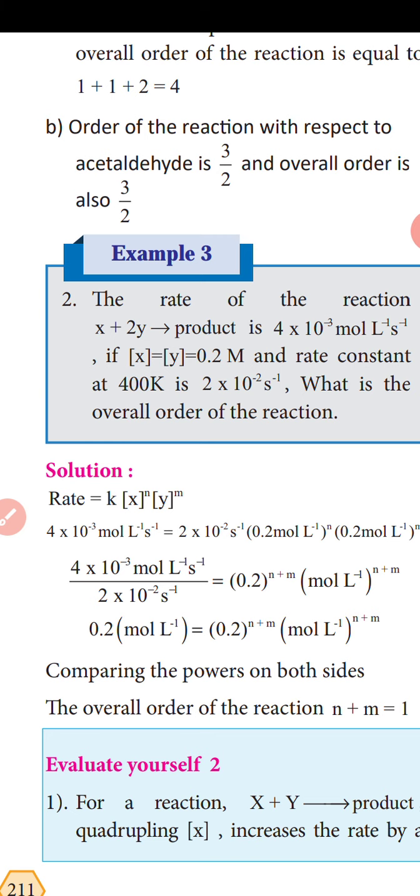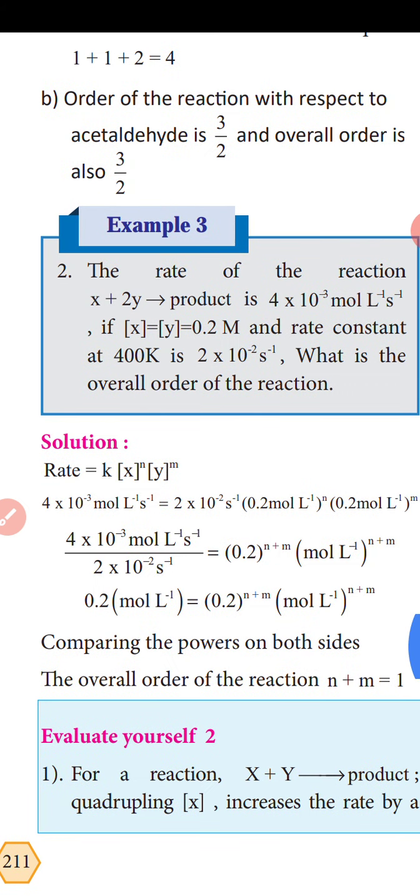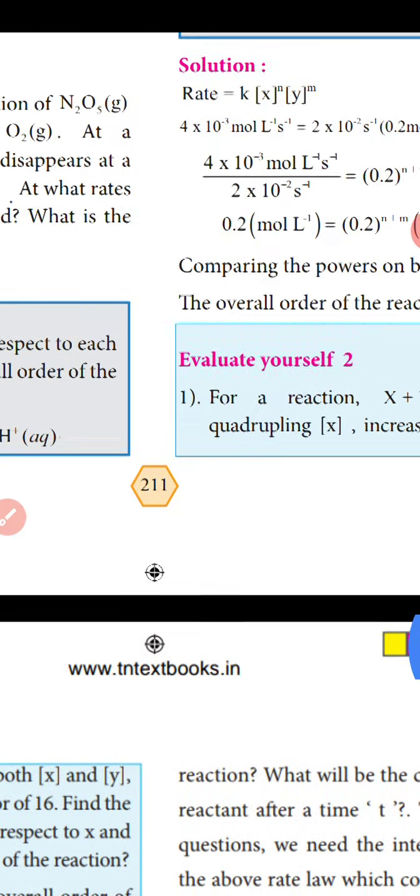So the 0.2 to the power n plus m mole per liter to the power n plus m equals 0.2 to the power n plus m. Comparing the powers on both sides, the overall order of the reaction n plus m is equal to 1. This is example 3.